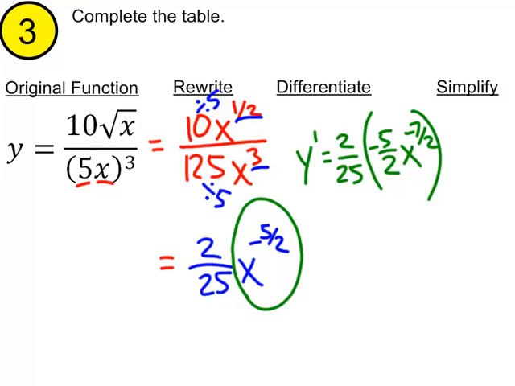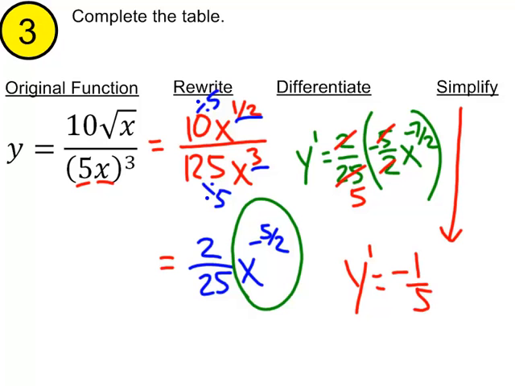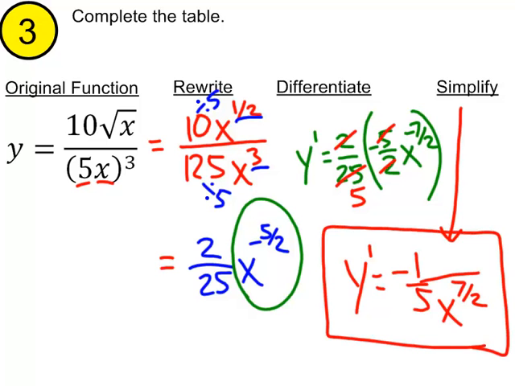All right, that's going to simplify. So for my final step, simplifying, see, a 2 and a 2 cancel each other. A 5 up here cancels out one of the 5s here, so I'll get negative 1/5. And then an x to the negative 7/2, that's the same as an x to the positive 7/2 in the denominator. There's my final answer.